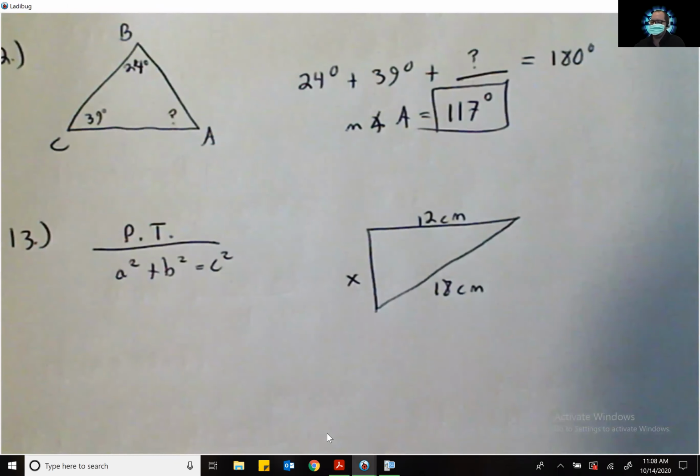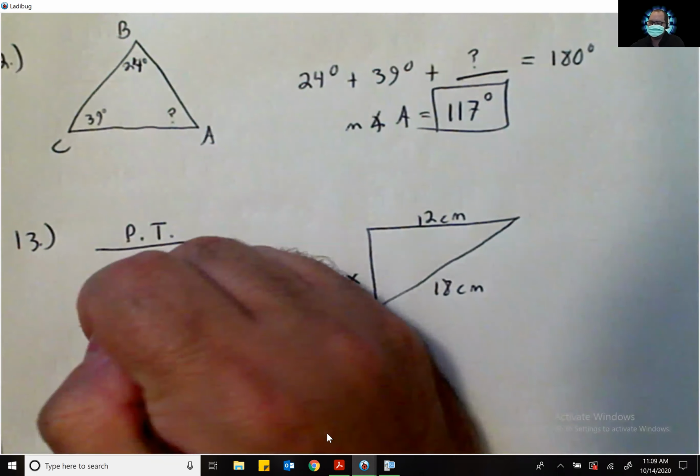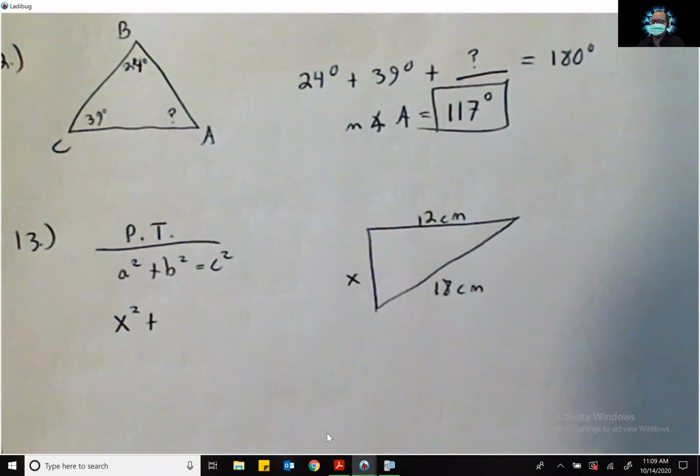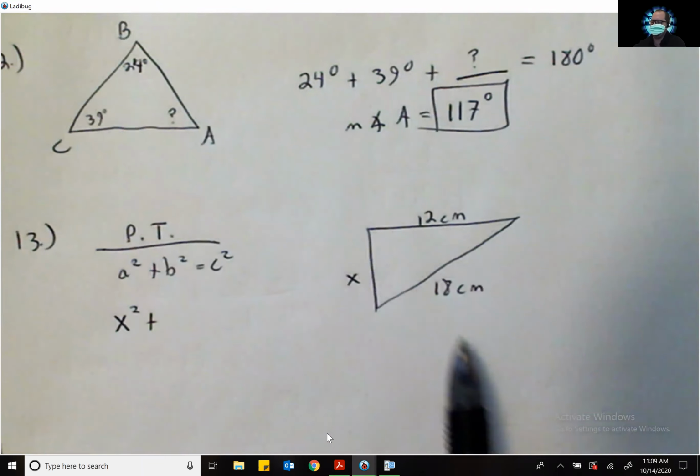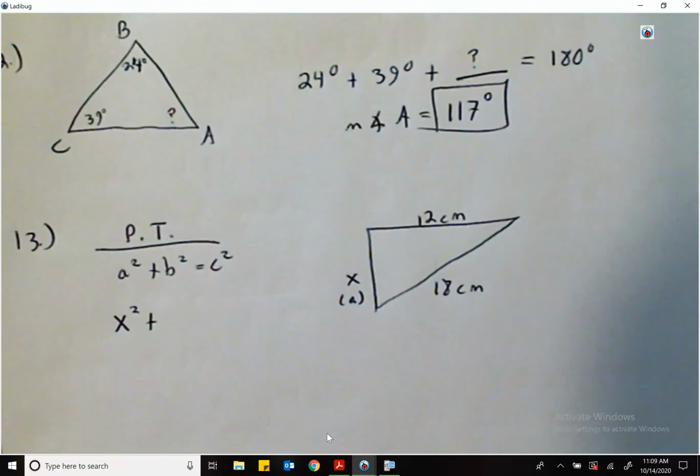So let's plug in. This guy was actually A. So we'll plug that in for A. So who over here is the B? The base? No, B doesn't stand for base. This is Pythagorean theorem. Careful. The one on top? The one on top.